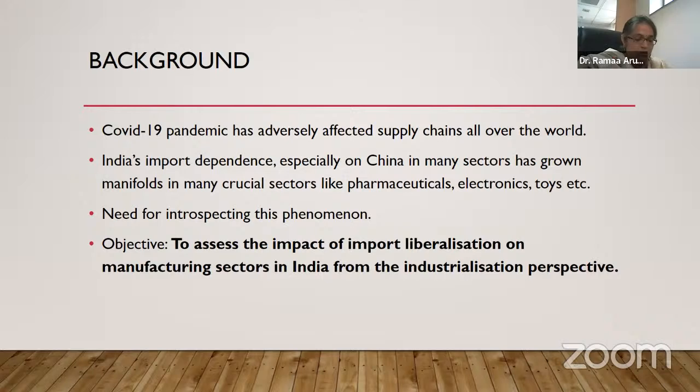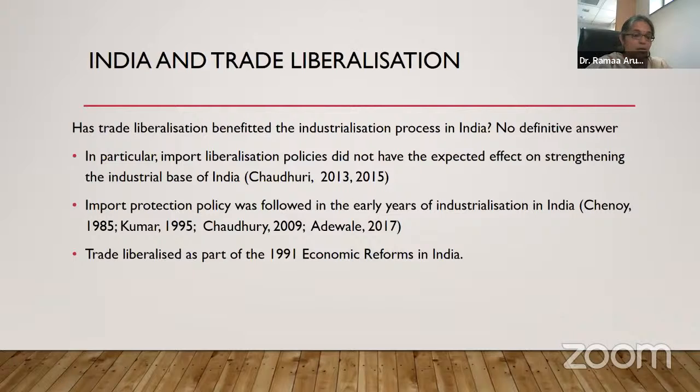So that is a broader framework from where I started thinking about what kind of industries were majorly affected during the course of import liberalization. So this is not a study on post-COVID impact, but that phenomenon itself, having the inherent element of vulnerability of supply chains being so enmeshed with each other across the globe, brought to the fore how liberalization in particular has impacted the industrialization process of Indian industry as such. So that is the basis on which my study is based.